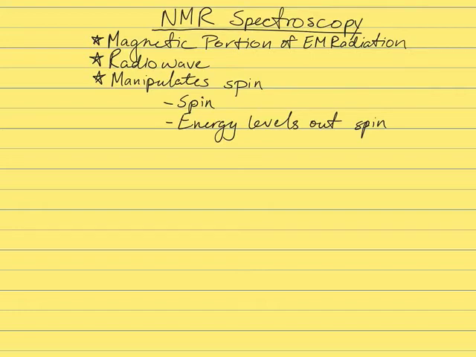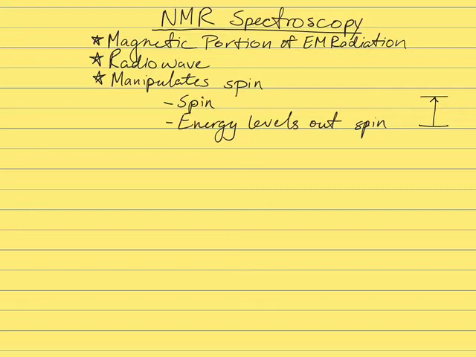We know that in all types of spectroscopy, even NMR spectroscopy, we need to have some sort of transition from a ground state to an excited state. So we're going to look at what that means for NMR spectroscopy and how that's done with spin rather than an electron moving or something else.